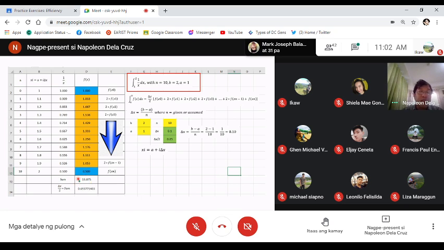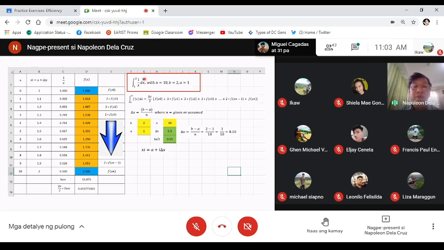Ayun ang sum, 13.875. At sabi dun sa formula, delta x over 2 times the sum. So all you have to do is to multiply this by delta x over 2. So you have now the area, which is 0.693771403.